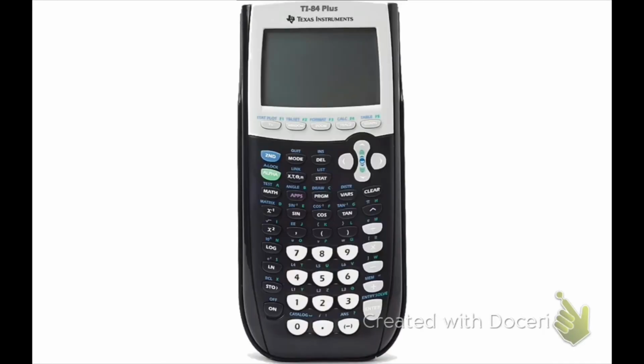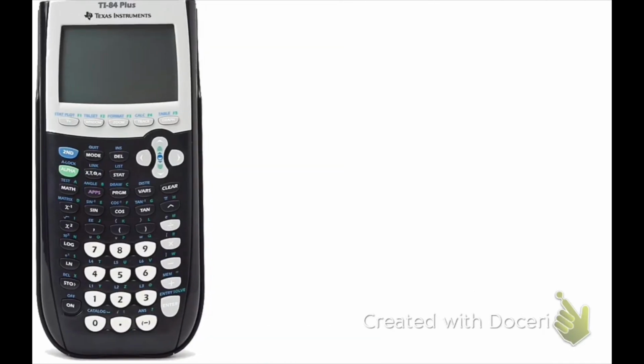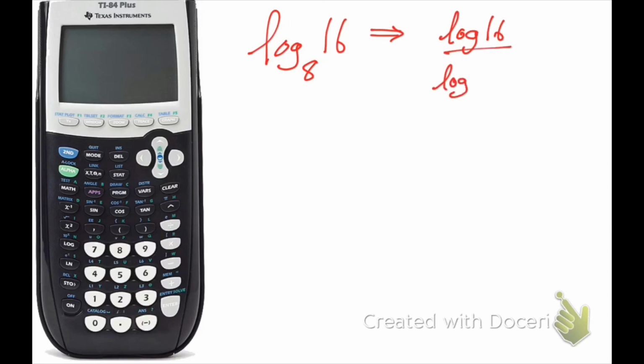Let's do another one. Let's say that we had log base 8 of 16. So I'm going to change this to log of 16 over log of 8.